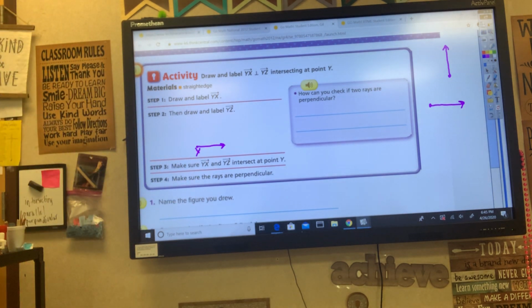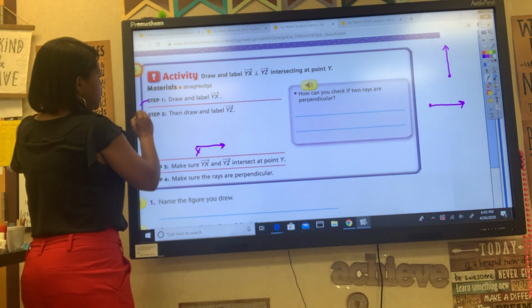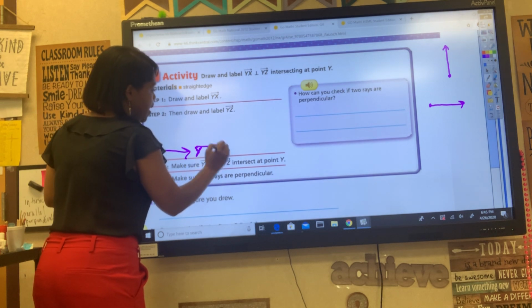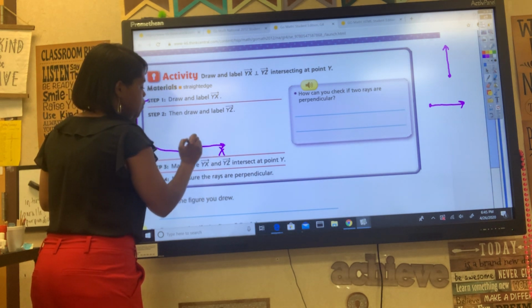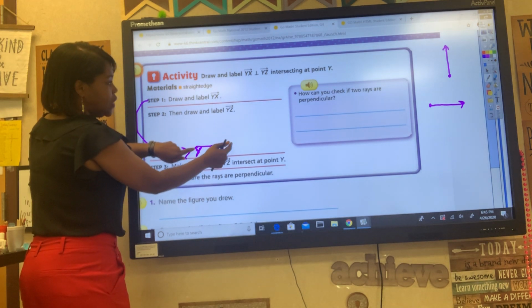What am I going to call it? YX. Because it says step 1, draw and label YX. So this is Y right here at the ray, and this is X on the line part.